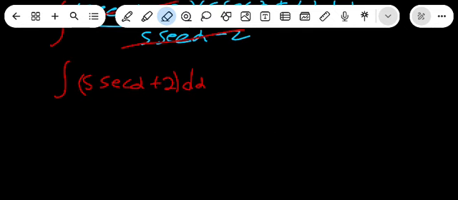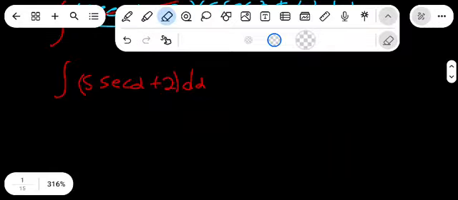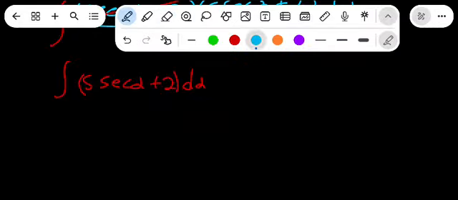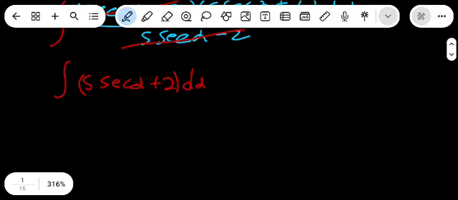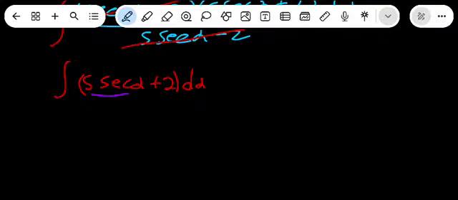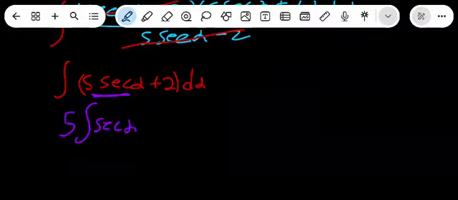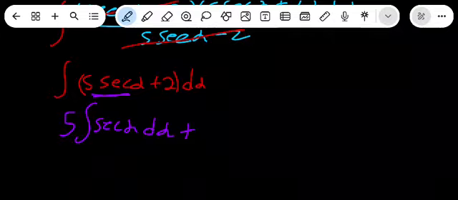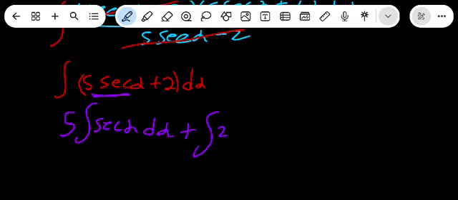So what will be the integral now? You have to take the integral of secant. This is the same as 5 times the integral of sec alpha d alpha plus the integral of 2 d alpha.